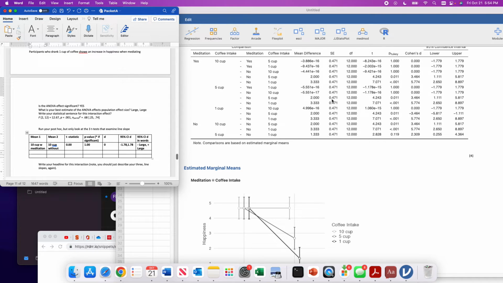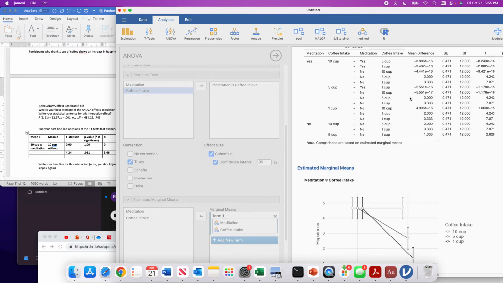The mean difference is 2. The t statistic is 4.24. The p-value is 0.011. The Cohen's d is 3.46. The 95% CI of Cohen's d, you gotta just highlight. Get a highlighter out on yours or something. It won't let me highlight it.